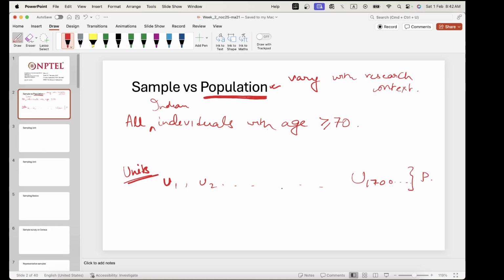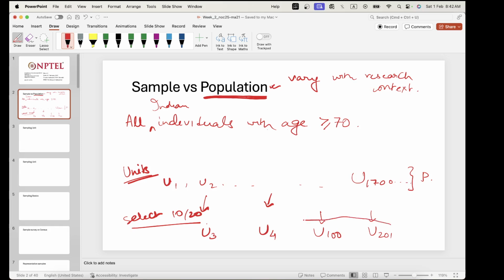Now from here, if I select a handful, let's say I select 10 or 20, say U3, U4, U100 or U201, then whatever I'm selecting from the population is my sample.